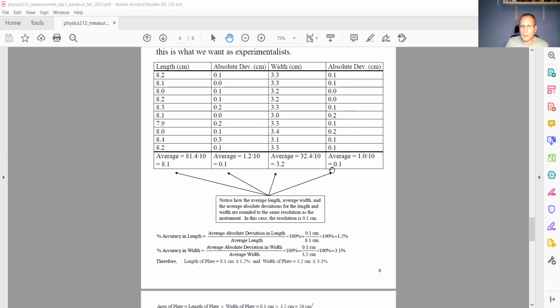I get 0.1. Make sure you round to the resolution of the instrument, which is one decimal place. And finally, if I want the percent experimental accuracy in width, I would take the 0.1, divide by my average width times 100. In this case, I get 3.1%. Okay, so now we know the percent experimental accuracy in length is 1.2%, and in width is 3.1%.